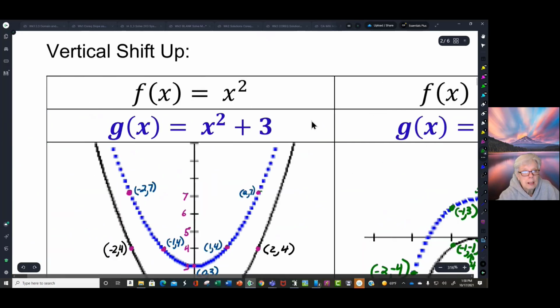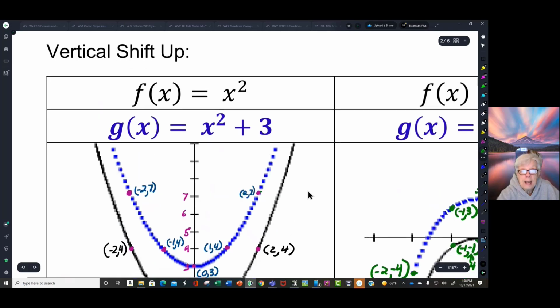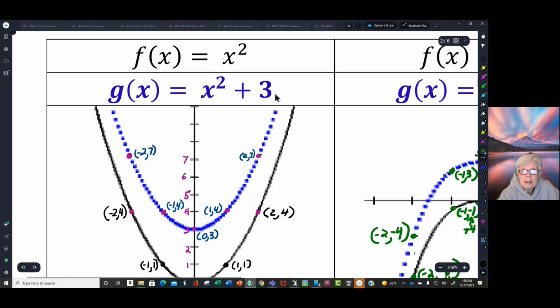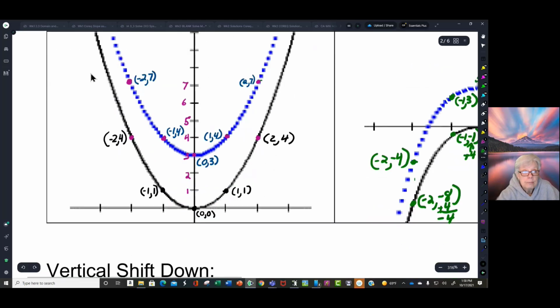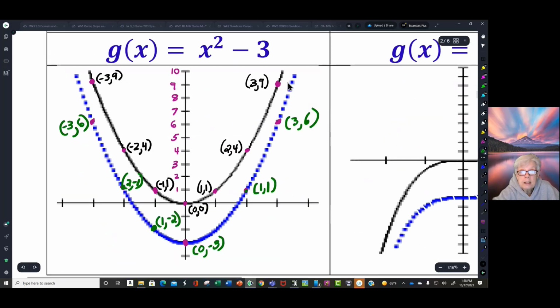Okay, now, you can vertically shift a graph up just by adding a positive number to all of the y coordinates on the basic graph. And you can physically move a graph down, the basic graph down, when you subtract a number greater than 0, or you add a negative number.